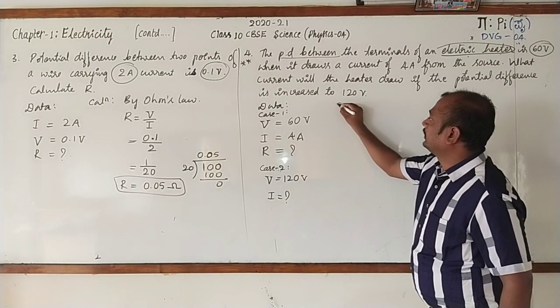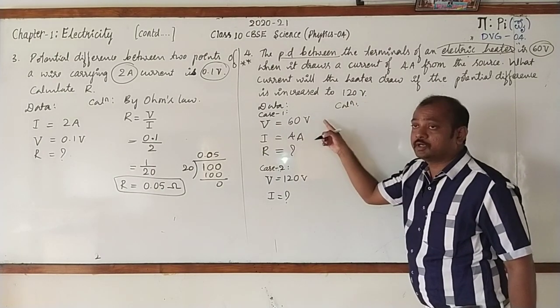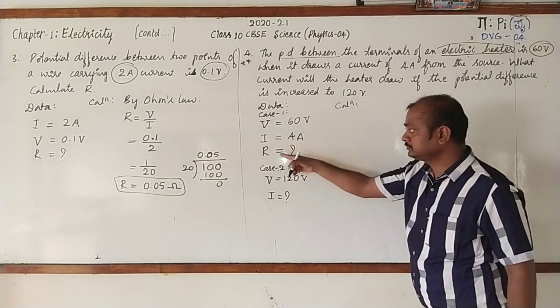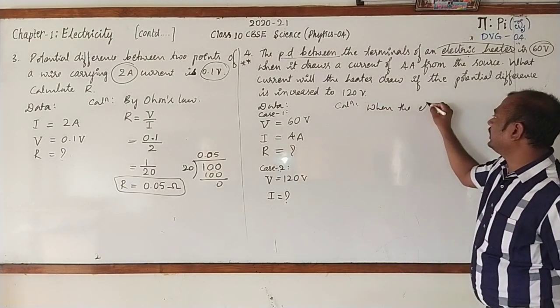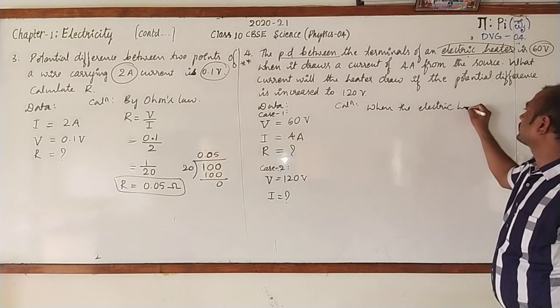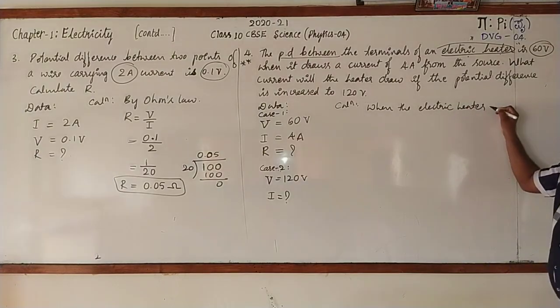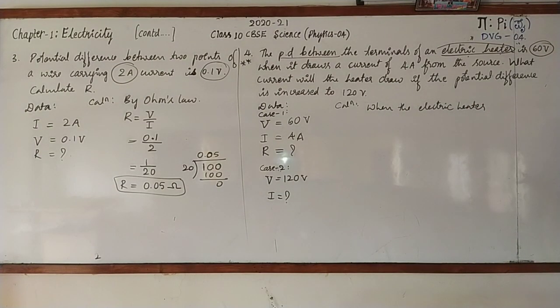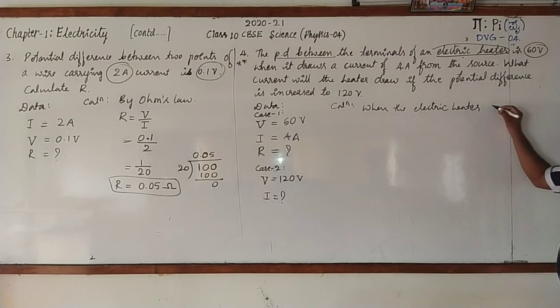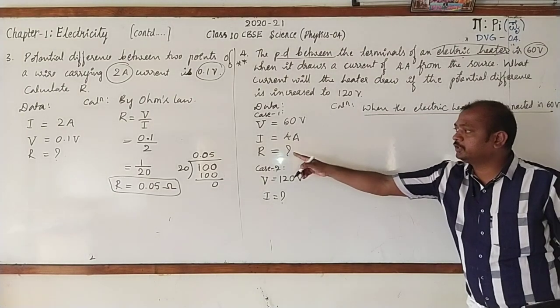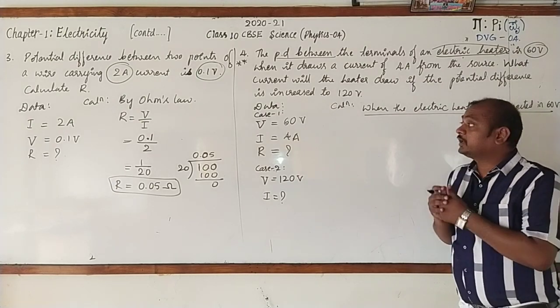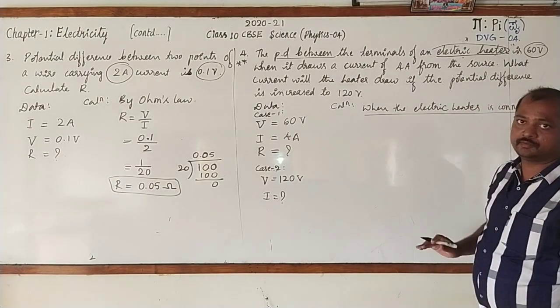Look here. In the calculation, according to the first case, when the electric heater is connected in 60 volt, we have to find out the electric resistance of that heater.